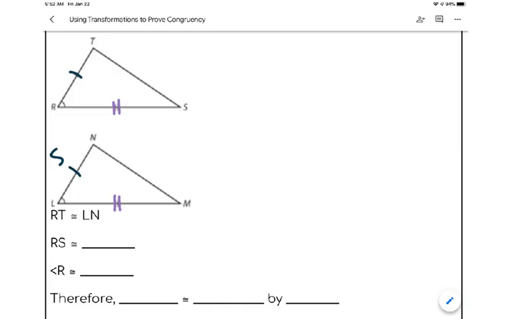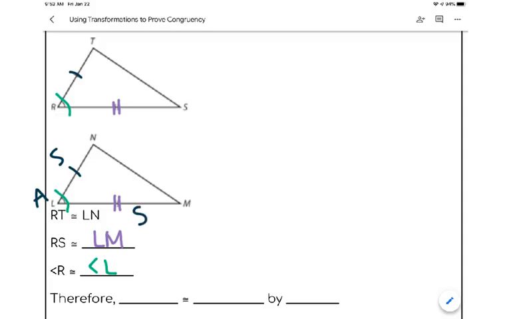So RS is congruent to LM, and then angle R is congruent to angle L, shown by that little green line. Therefore, now we have a side, an angle that is included, and another side.